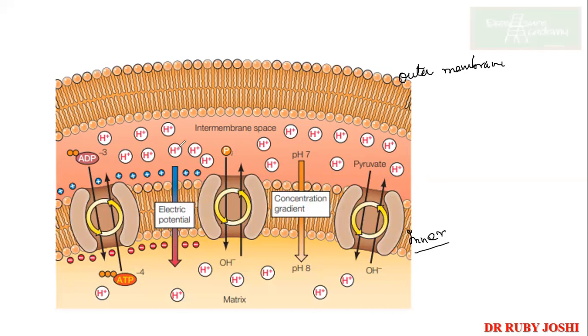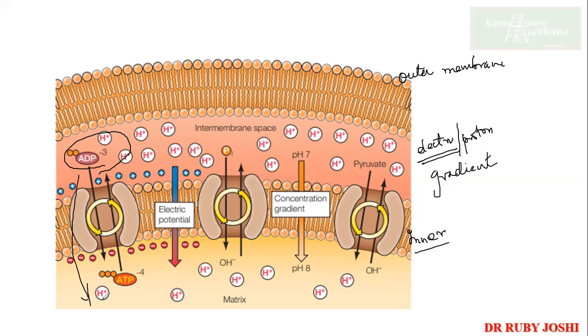When the H+ concentration is increased in the intermembrane space, your electrochemical gradient, this proton gradient, is formed. Now with the help of the small molecule transporters, ADP is coming in in exchange for ATP4-.